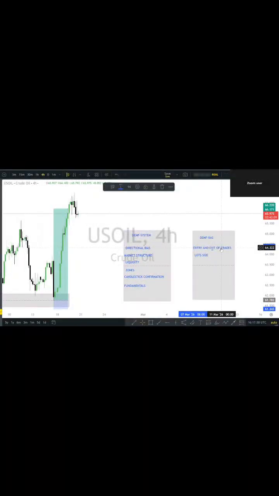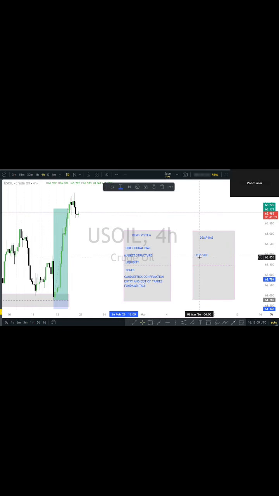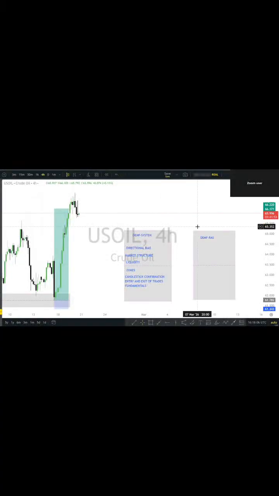So let's move this to this point. Because this lot size, the best time frame to use, all of them fall under entry and exit of trades, which is my personal DEMF RAS.